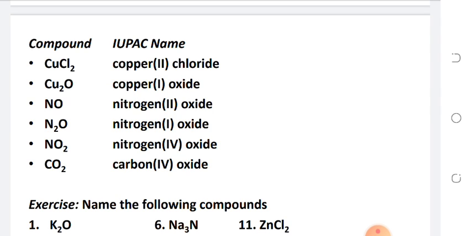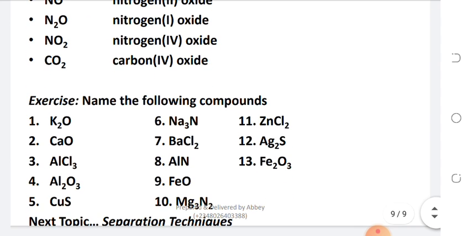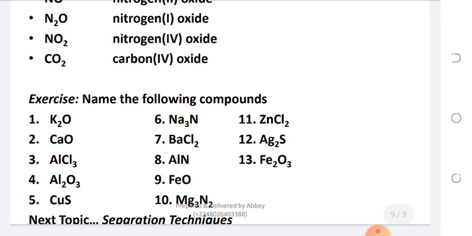All these compounds are examples of binary compounds. There is an exercise here for the students to do. They are to give the names of the following compounds. So you can solve them and pass the solution across to us for checking and probably for further discussion.